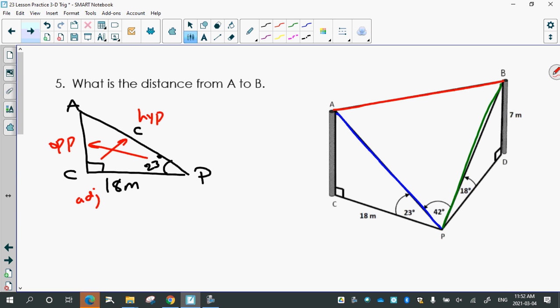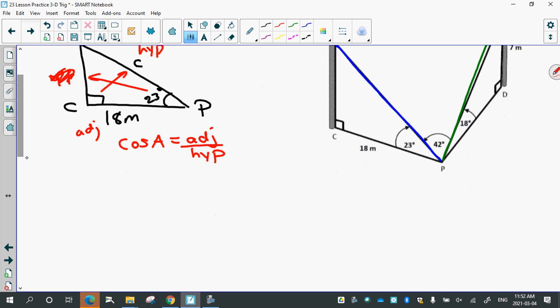Which one would I be crossing off in this case? Opposite, because I want to know hypotenuse and I have adjacent. So the formula that has adjacent and hypotenuse in it is cos. Cos of the angle is adjacent over hypotenuse. Cos of 23 degrees is 18 over c.